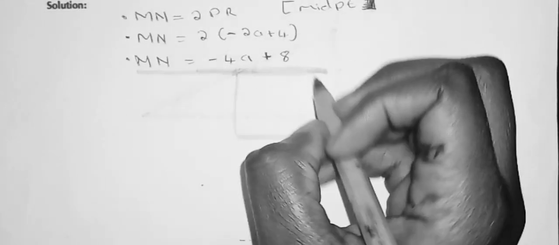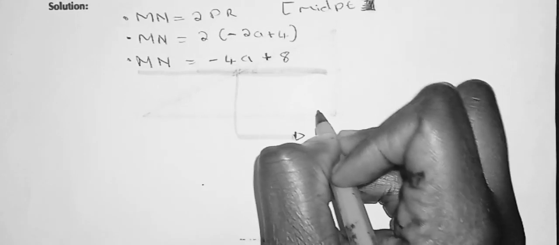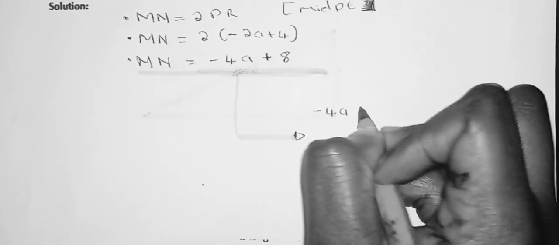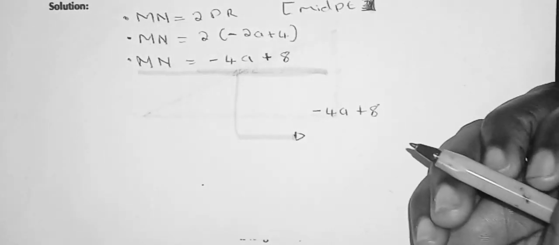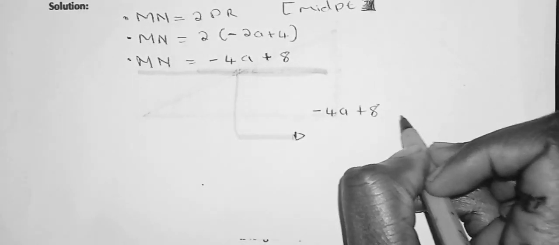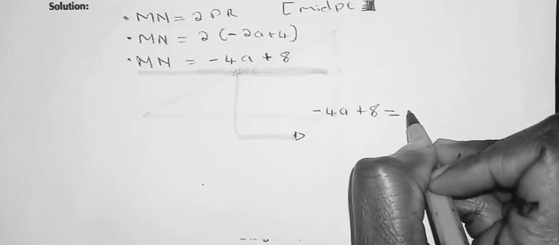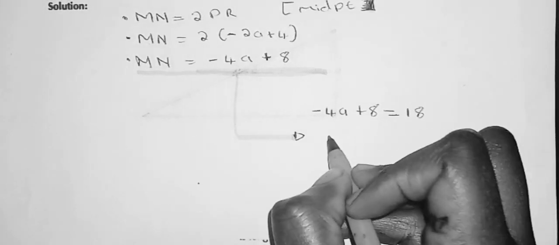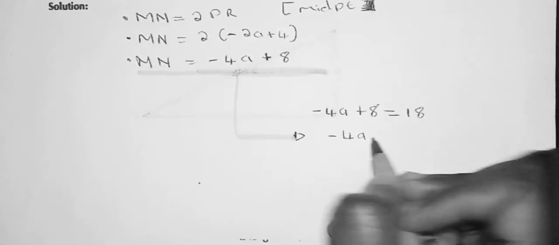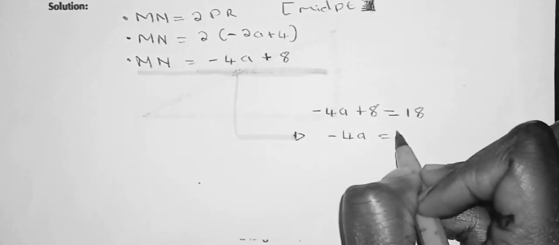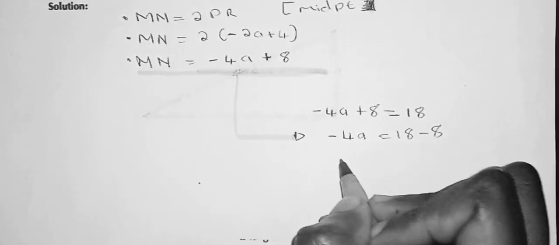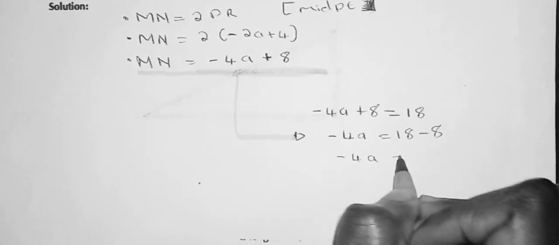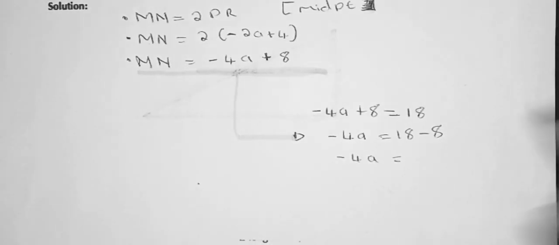So you're going to say negative 4A plus 8 is equal to 18. Then negative 4A is equal to 18 minus 8, and then negative 4A is equal to 10.